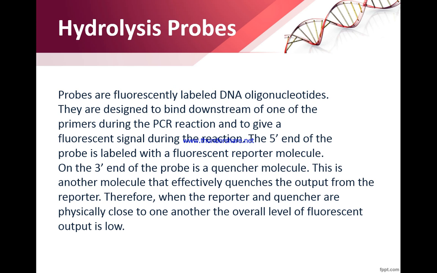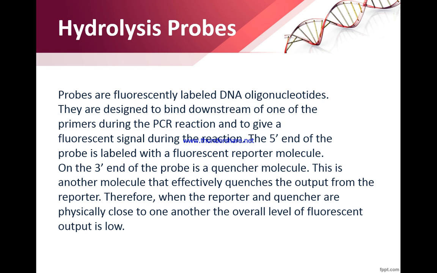Hydrolysis probes. Probes are fluorescently labeled DNA oligonucleotides. They are designed to bind downstream of one of the primers during the PCR reaction and to give a fluorescent signal during the reaction. The 5' end of the probe is labeled with a fluorescent reporter molecule. The 3' end of the probe is a quencher molecule.